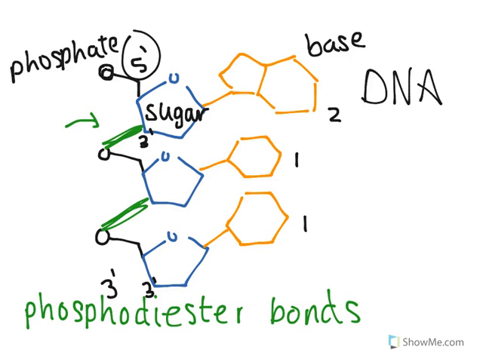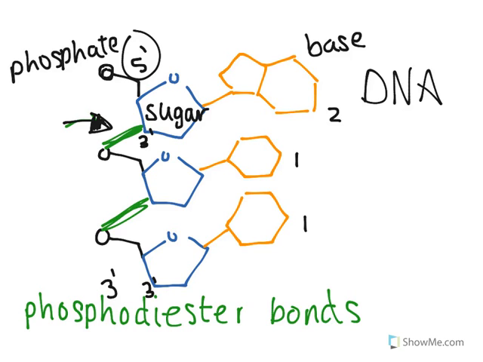But let's go back to the phosphodiester bond. So this bond occurs between this phosphate group and the 3' carbon on the sugar, as seen right here. And this is what holds the nucleic acids together. If you want to form this bond, just as in all of the other polymers, a dehydration reaction has to occur.